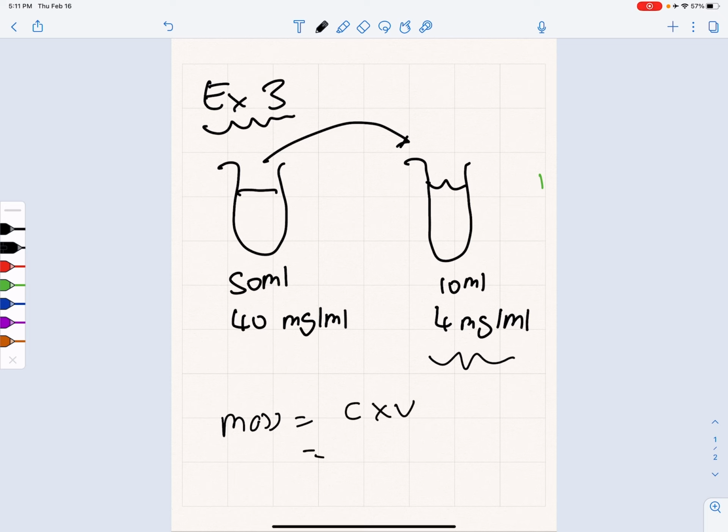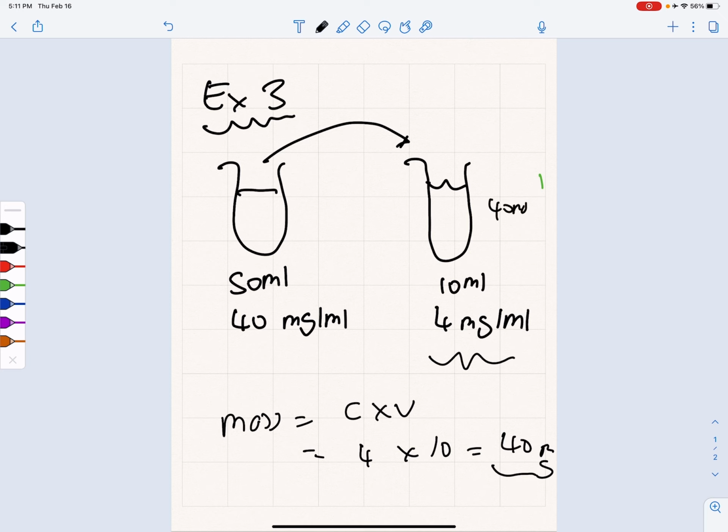So this is going to be 4 milligrams per milliliter multiplied by 10, which gives us 40 milligrams. So we want a final mass of 40 milligrams.